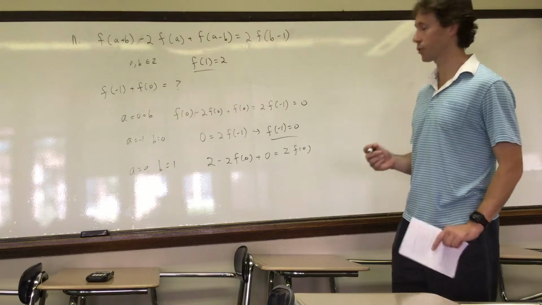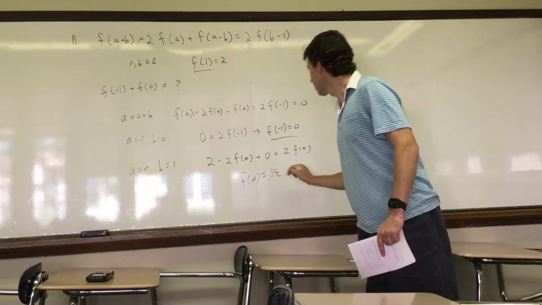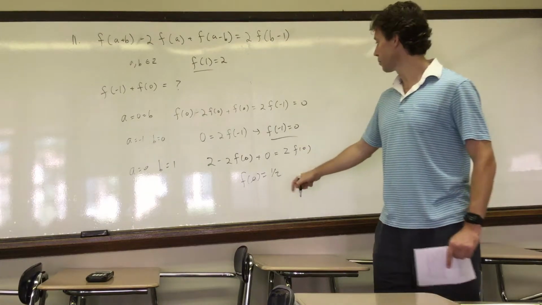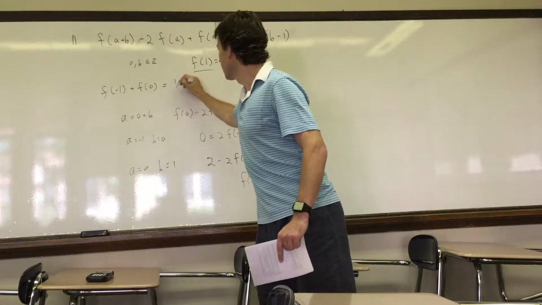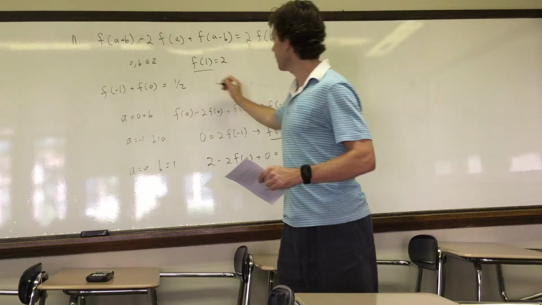So we have an equation we can solve for f(0). It looks like f(0) equals 1/2. So f(-1) is 0, f(0) is 1/2, and the answer should be 1/2. That's answer A.